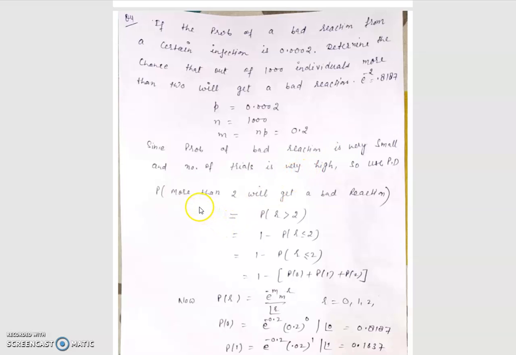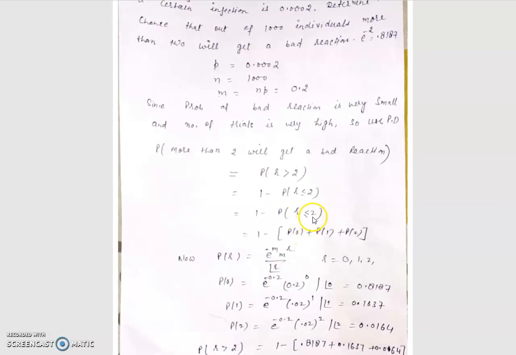We have to find the probability that more than 2 will get a bad reaction, so we need the probability of r greater than 2. Greater than 2 means 1 minus the probability of r less than or equal to 2, which is P0 plus P1 plus P2.